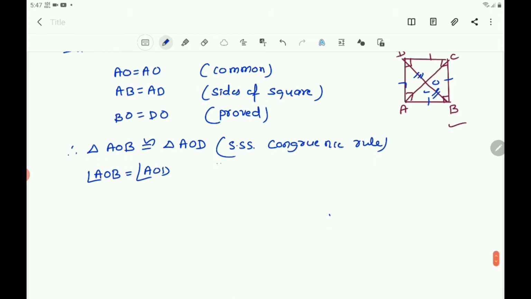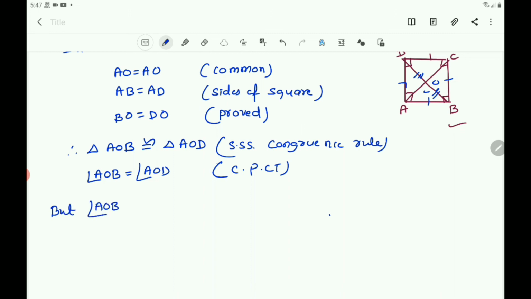As angle AOB is equal to angle AOD, that is according to CPCT, corresponding parts of congruent triangles. But you know that DOB is a straight line, therefore angle AOB and angle AOD form a linear pair. Their sum must be equal to 180 degrees.